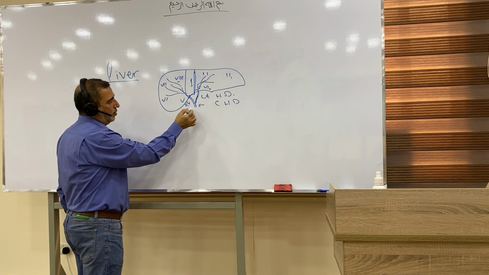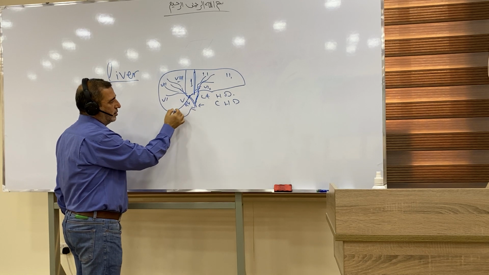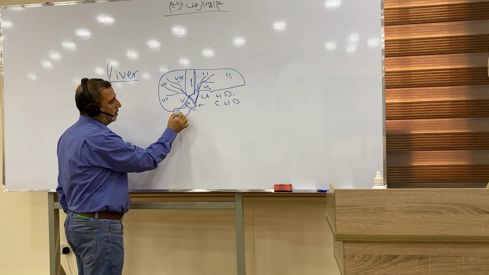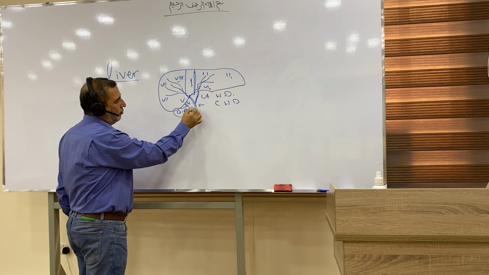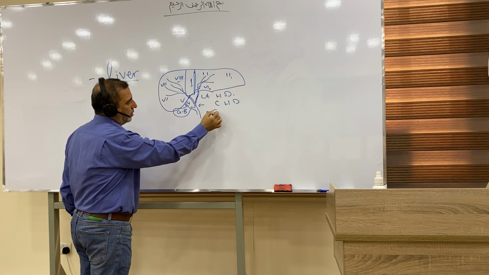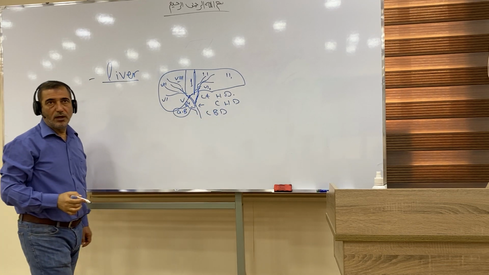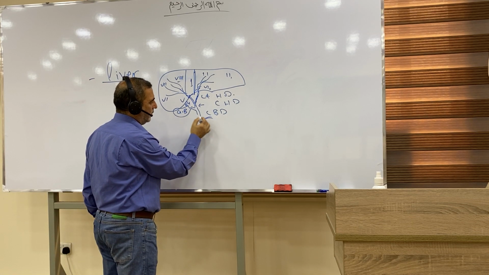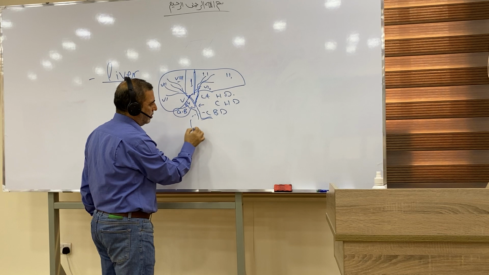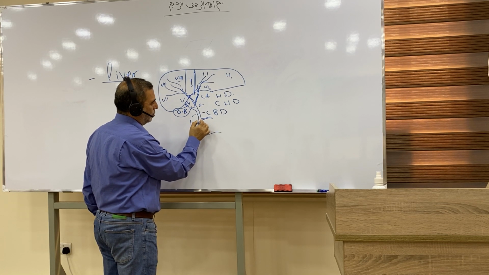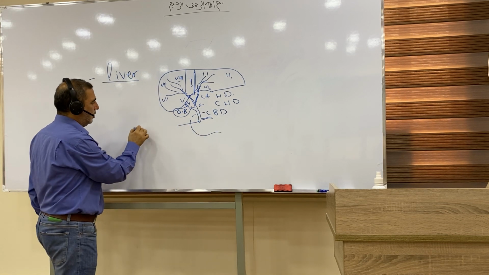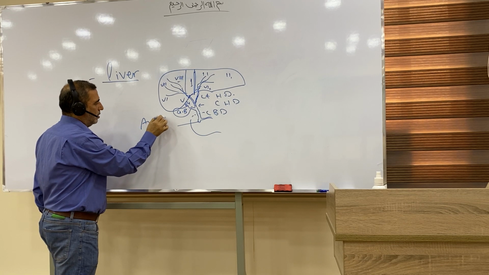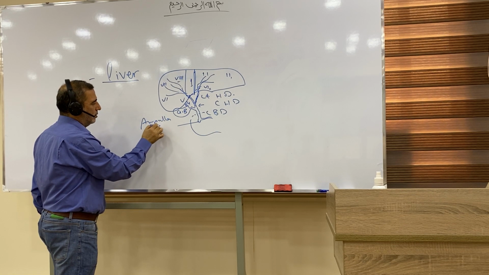Then this will join with the cystic duct to the gallbladder, forming the common bile duct, and the common bile duct joins with the pancreatic duct to open to the ampulla of Vater.